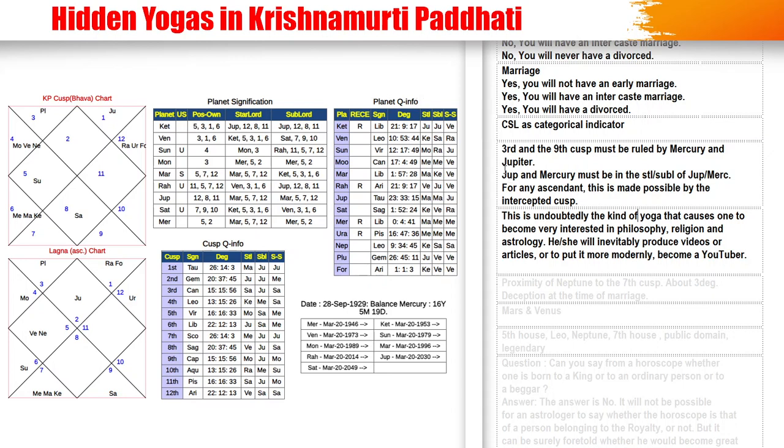So this observation made me very confident that if we start looking at the bhav chart and the patterns, not just the numbers, the patterns in the planet signification table, then some more rules can be derived within the Krishnamurti Paddhati.